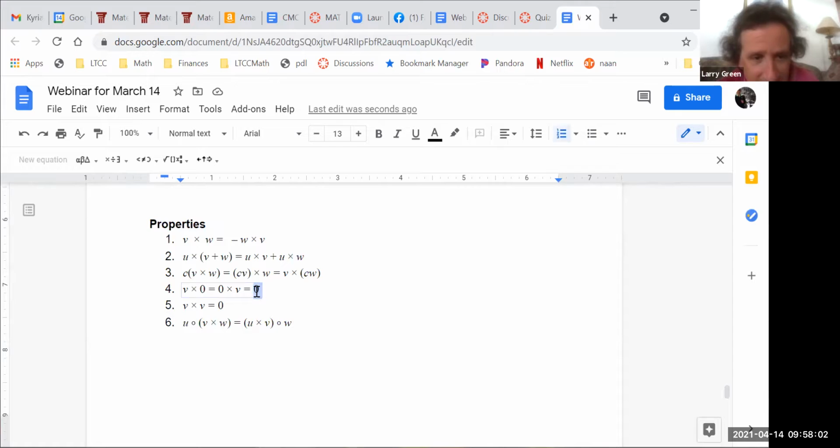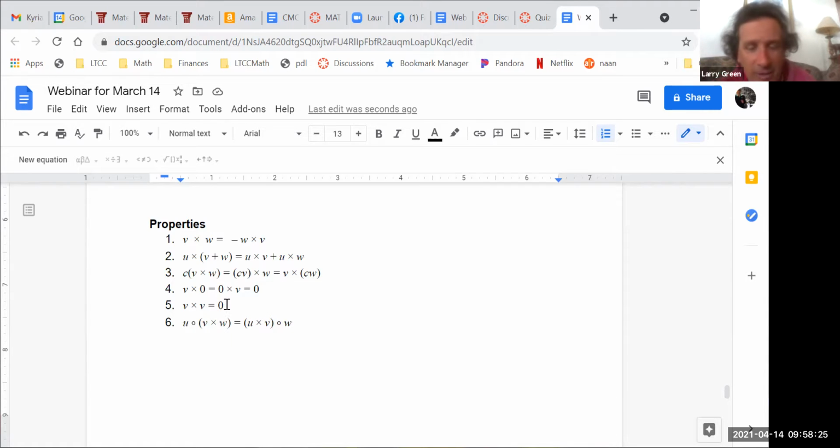I want to ask you something. This 0 right here, is that the 0 number or the 0 vector? Yeah, that's the 0 vector because cross products give you vectors, not numbers. So that's good because that works with multiplication. If you multiply by 0, you should get 0.